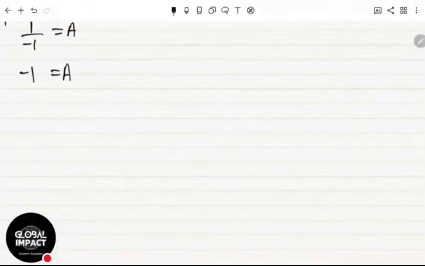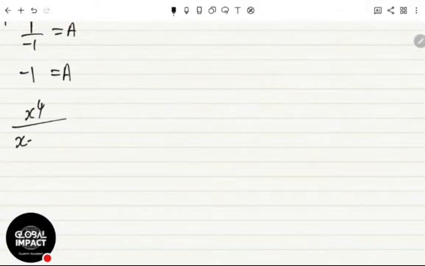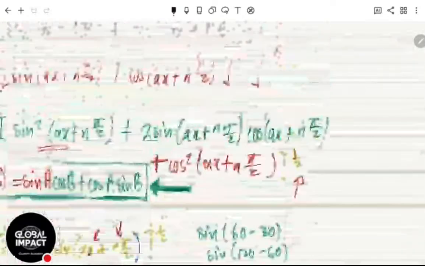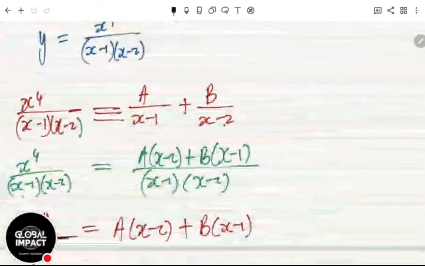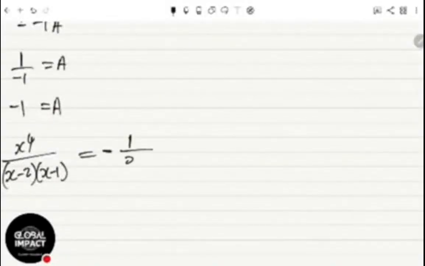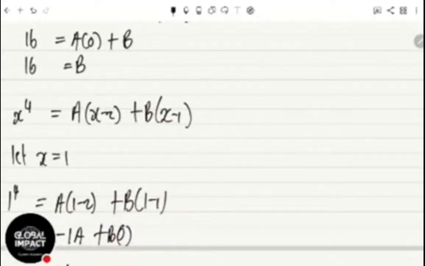So we can now rewrite this fraction to say x to the power 4 over x minus 2 times x minus 1 is going to be equal to a over x minus 1 plus b over x minus 2. A is negative 1, so it's equal to negative of 1 over x minus 1, plus what's your b? Is it actually 16, I guess?